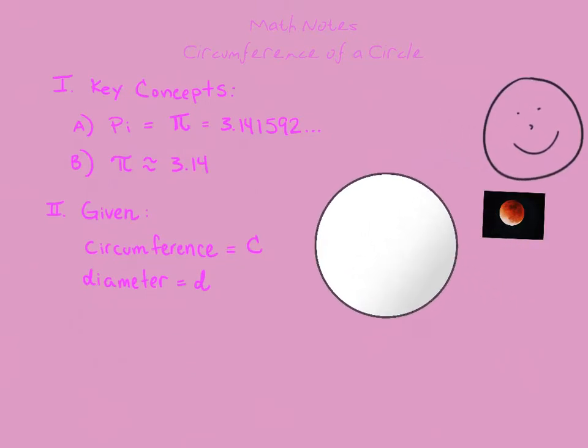I'm going to make it a little bit bigger. Recall that if there's a center point, here in the center somewhere, the diameter is the distance from an edge of the circle passing through the center point to the other side. That whole distance is our diameter.